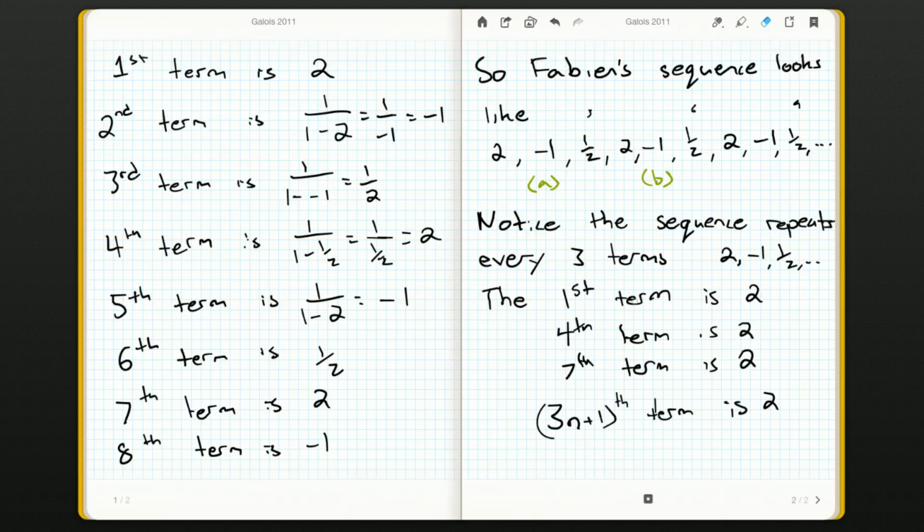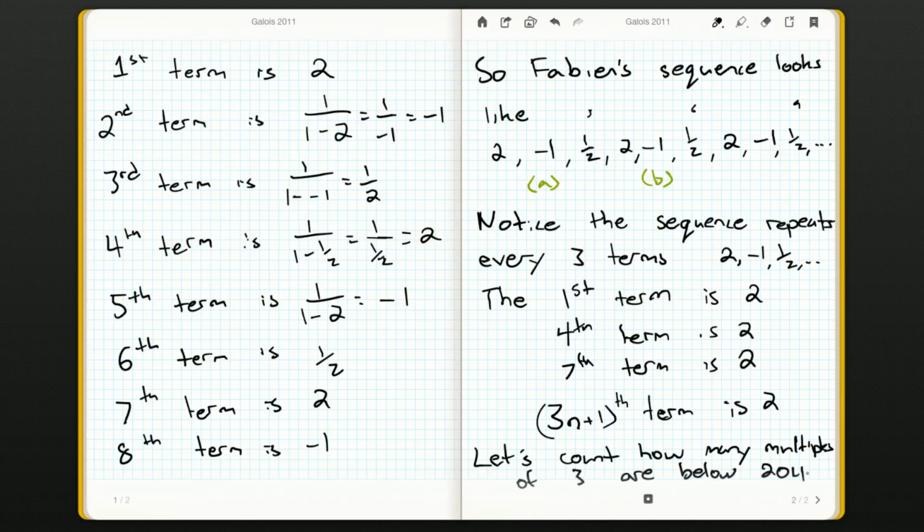Now, we have to figure out exactly how to count how many of them there are. We have 2011 sequence terms. It might be a good idea to see how many times this 3-term sequence repeats itself.